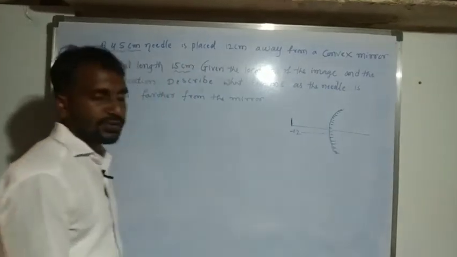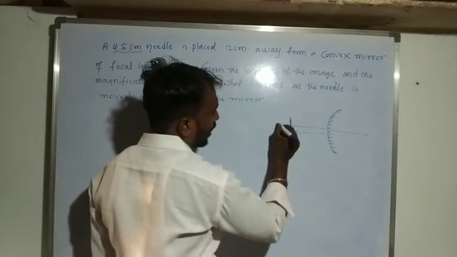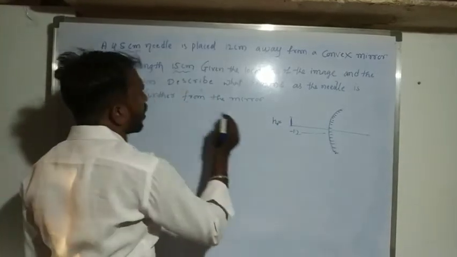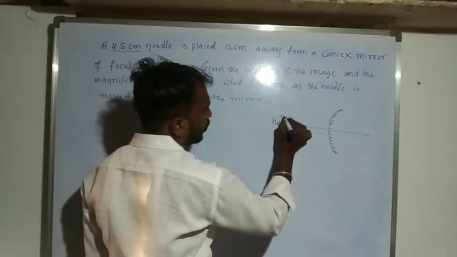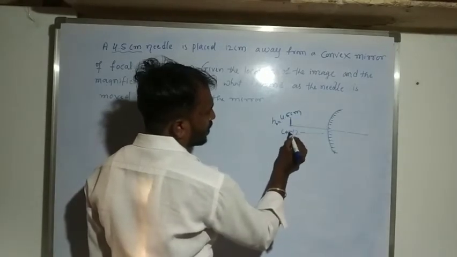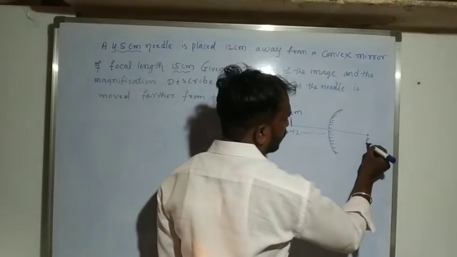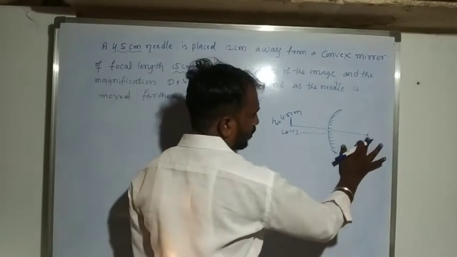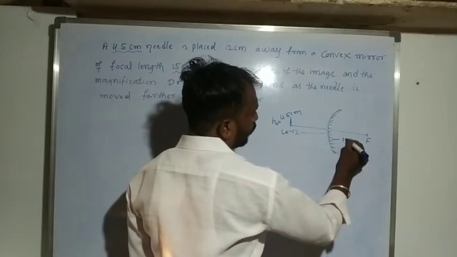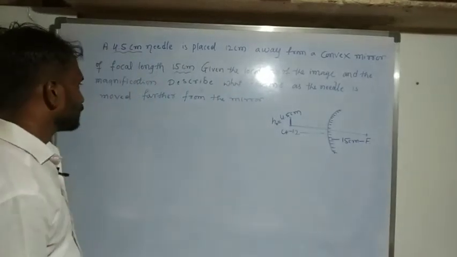It is placed 12 centimeter from a mirror, and height of object is 4.5 centimeter. Object distance is minus 12 centimeter, and here we consider that principal focus, capital F, and focal length is 15 centimeter.